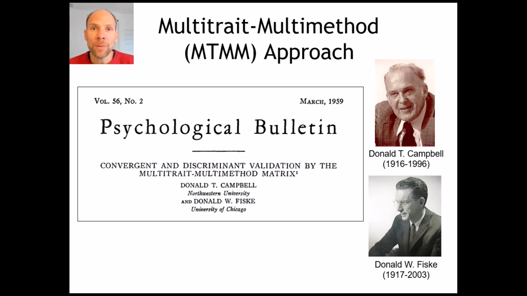Oftentimes when we create new measures, new tests, new items in psychology or other fields, we want to know about the psychometric properties of these measures. And so one important aspect is reliability. We want to know how precise these measurements are, how much random noise or random measurement error is in the scores, and how much error variance is reflected in the test score variables.